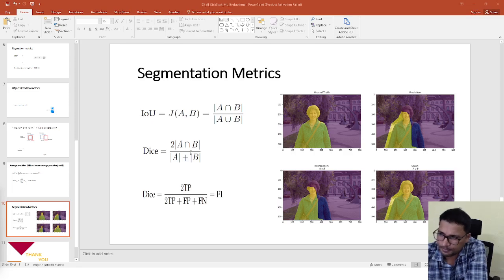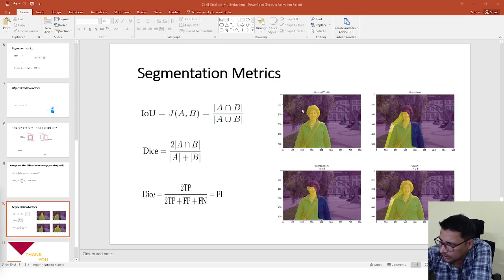Okay. For semantic segmentation, it is similar to object detection. Here is one example. This is the ground truth, and our model predicts the segmented area. This is our object of interest as predicted by our model. The intersection could be this one, and the union could be this one.